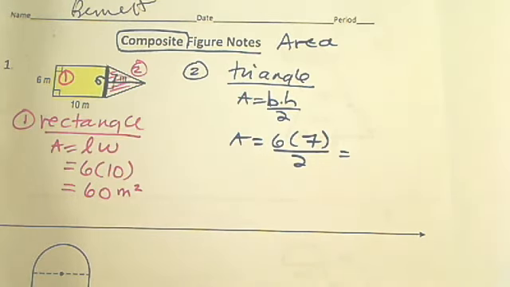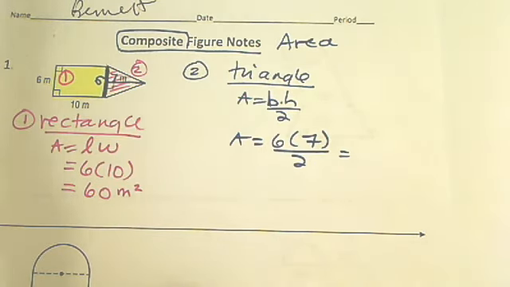Questions on how I got 6 and 7? The reason why it's divided by 2 is because there are 2 triangles in a rectangle. It's 50% of the shape. So here, 6 times 7, 42, divided by 2, 21. 21 meters squared. Now I have shape 1, I have shape 2.